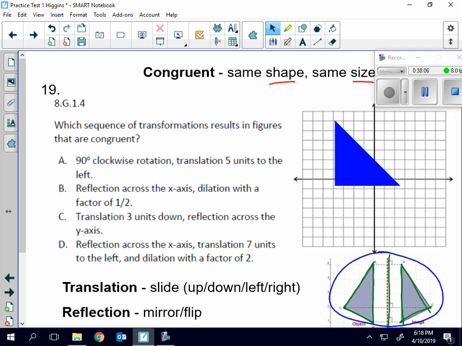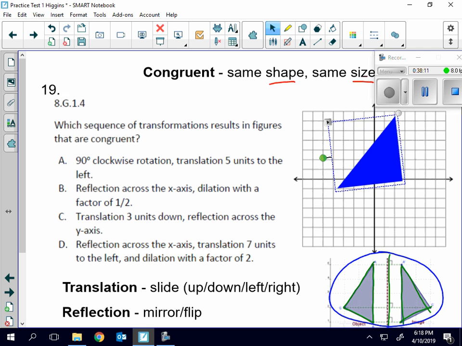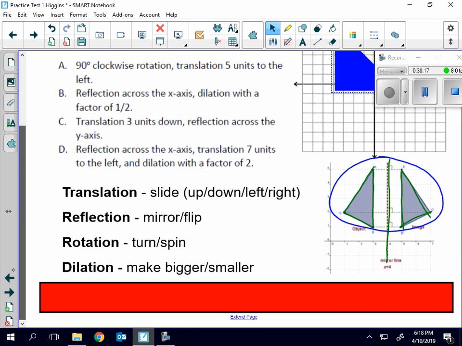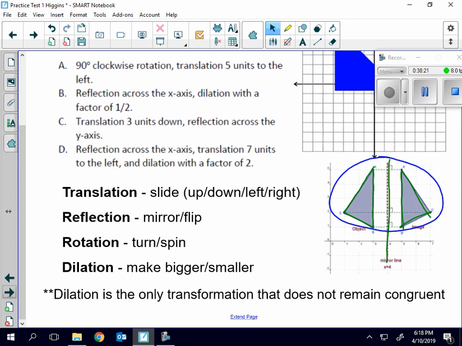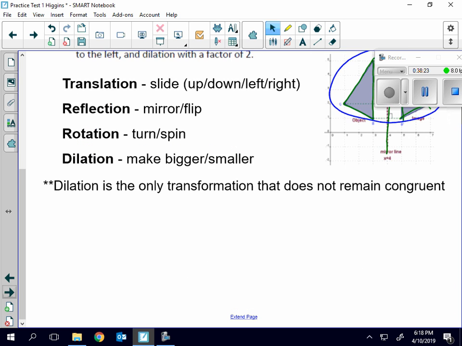Nope. How about when I turned it? Nope. The only one that changes the size is dilation. Write that down. Dilation is the only transformation that does not remain congruent because it will change the size.